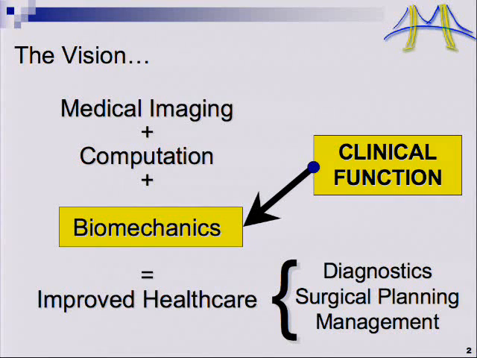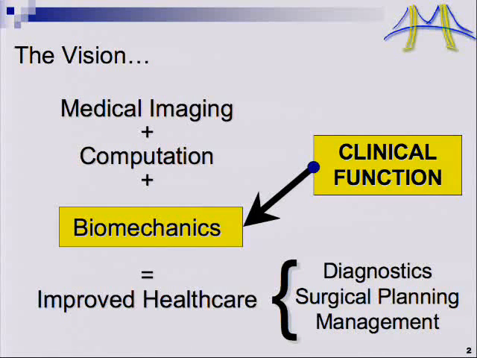And what I'd like to do then is to merge the advanced computation with the information in these 3D medical images with my particular expertise in biomechanics, and from that try and improve healthcare. So very focused on helping people directly. This is not an academic endeavor.